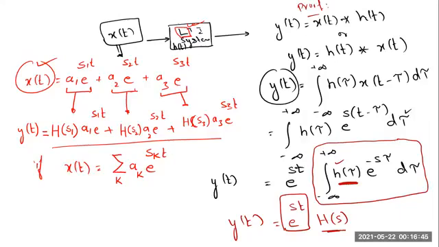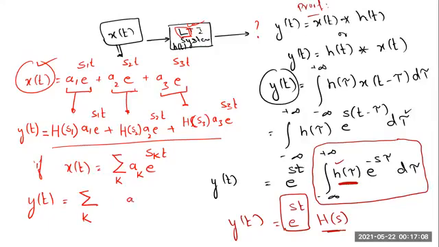If such a signal is given as input to an LTI system, what is going to be the output? We now know that because complex exponential signals are eigenfunctions, the output is also going to be a linear combination with respect to k.